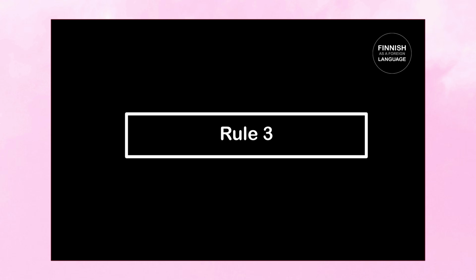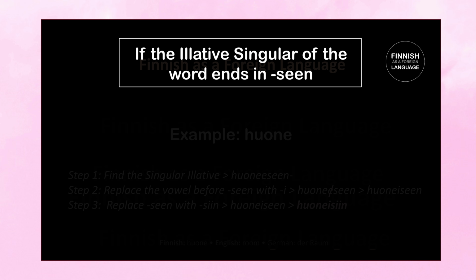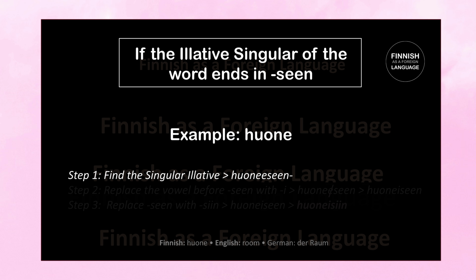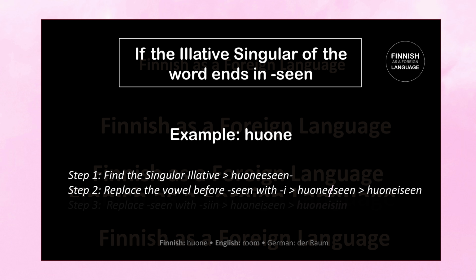Next one, rule number 3. If the illative singular of the word ends in seen, for example, huone. Huone means room in English. In the first step, we have to find the singular illative of huone, which is huoneeseen. Then in the second step, we have to replace the vowel before seen, which is here e, with an I. So in other words, the e changes to I. So huoneeseen changes to huoneiseen.